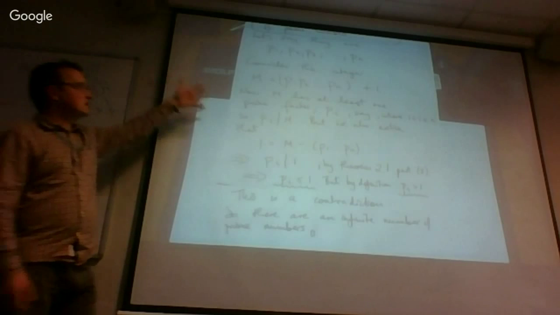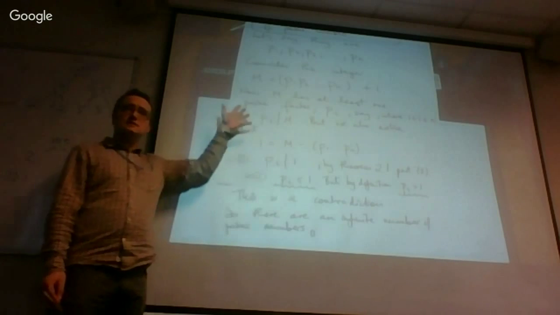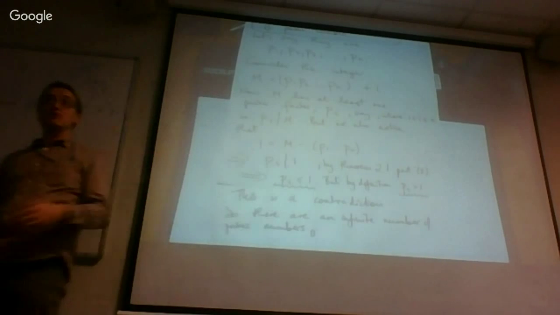We've no easy way to tell us what all the prime numbers are, but we do have a very quick way, in some senses, of proving that there's an infinite number of prime numbers. It comes out of the definition of divisibility and the definition of prime number itself.